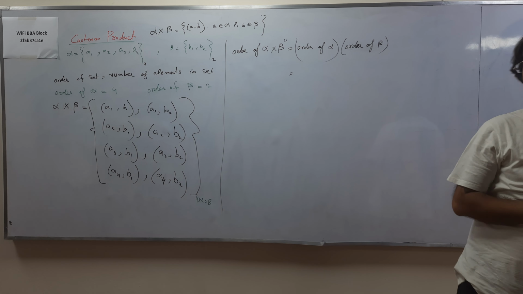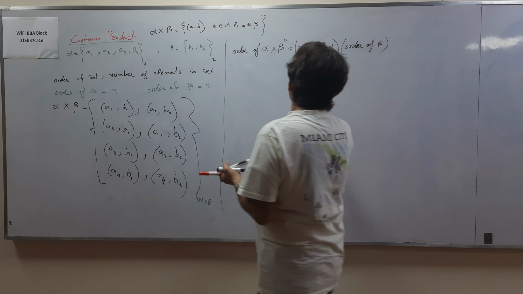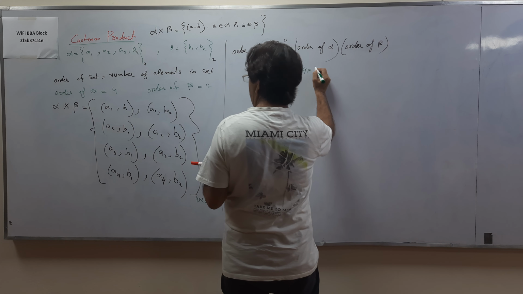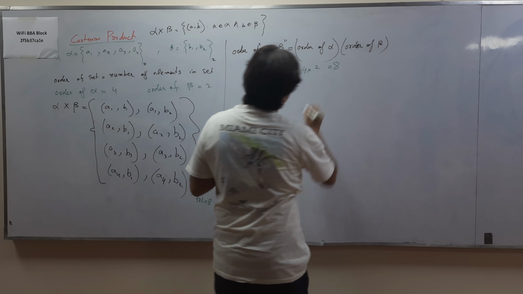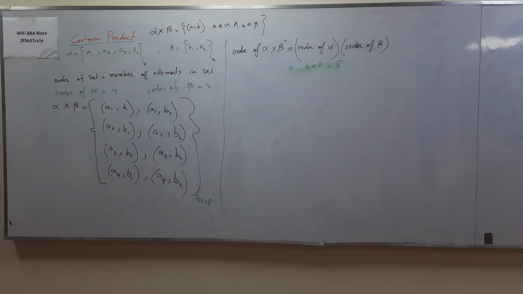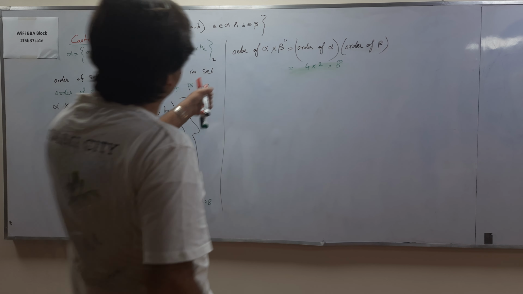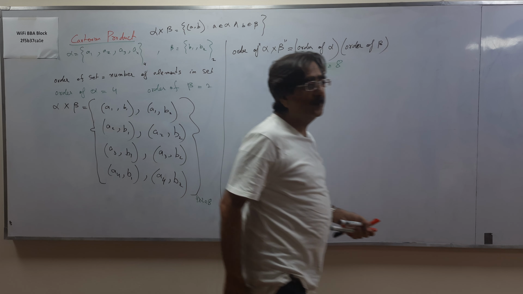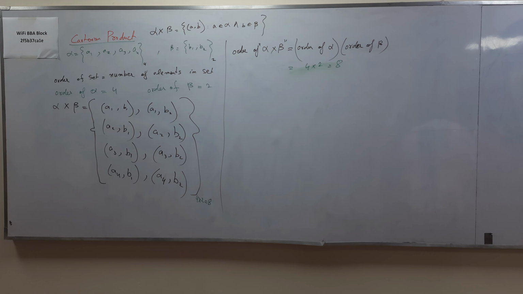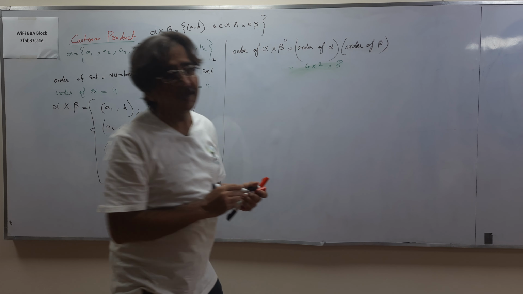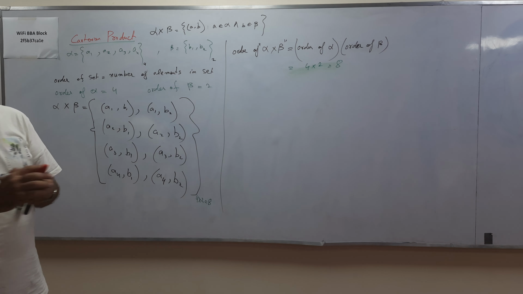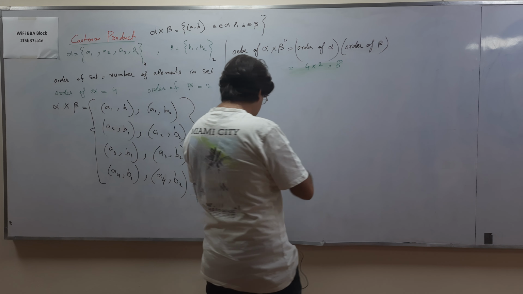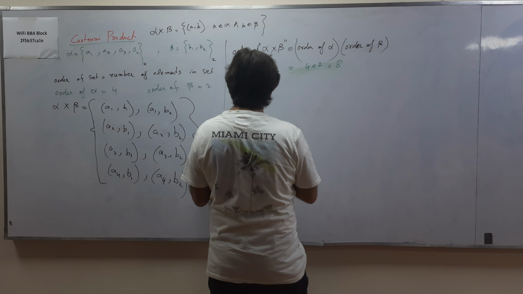Okay, is it clear? The order of alpha cross beta is the product of the order of alpha and the order of beta, so 4 times 2 is 8. Okay.